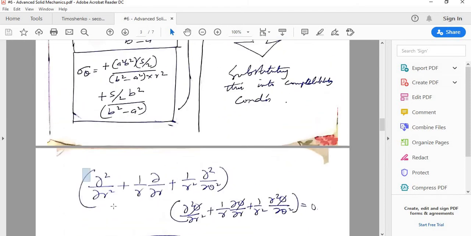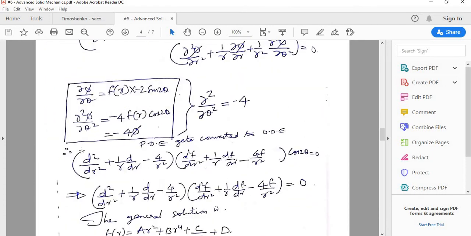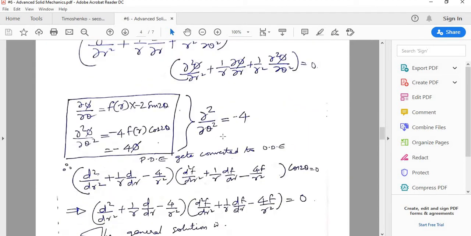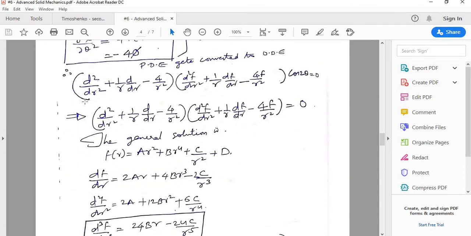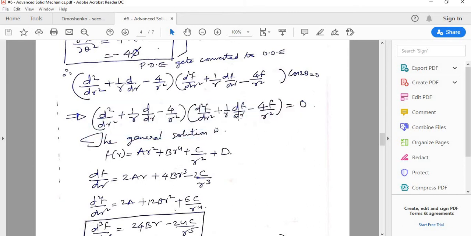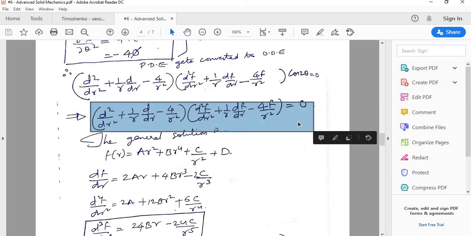So we find out the individual terms and you substitute it into the compatibility equation using this stress function, you will get the final equation of the following form. So it does not simplify to anything special. It is still one big equation that we have to deal with.